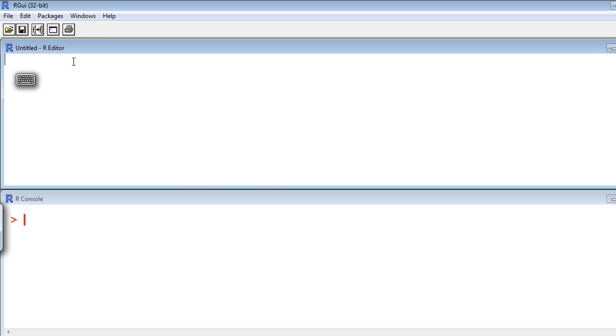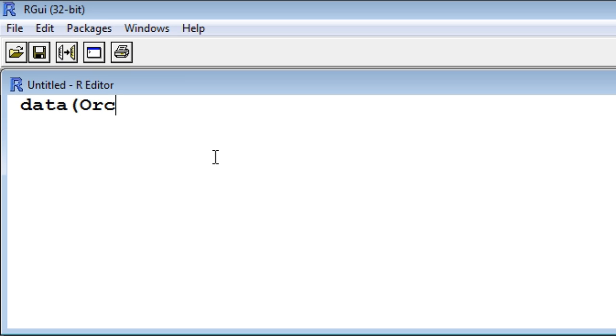So up here we're going to type, and down here at the bottom we're going to see the results of our code. There are several things we need to do now. The first thing is actually to load the dataset. So we say data OrchardSprays.